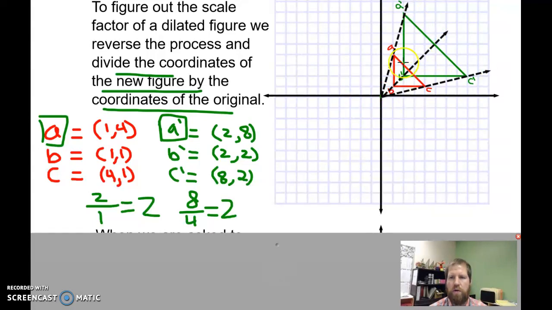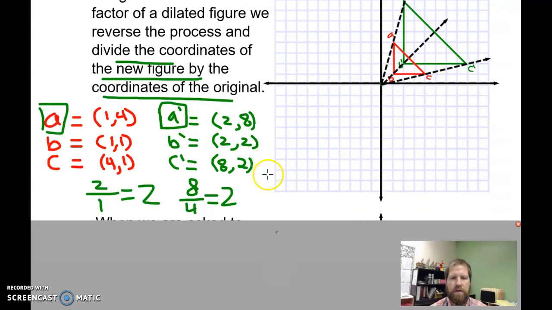So I know it's a dilation. Then I only need to really do 1 point, 2 values, to tell that it's a dilation. If it wasn't quite as clear from the picture, then I would probably want to do more than 1 point for each figure.